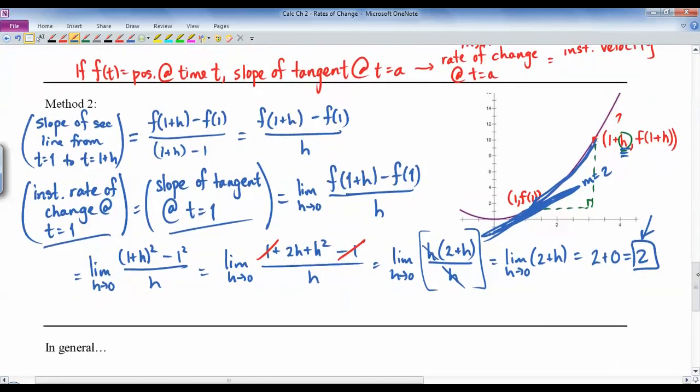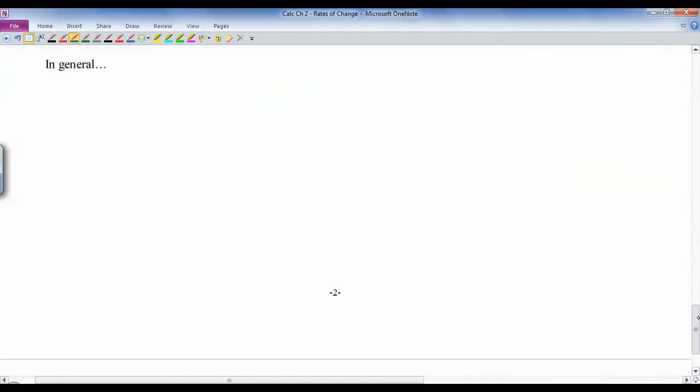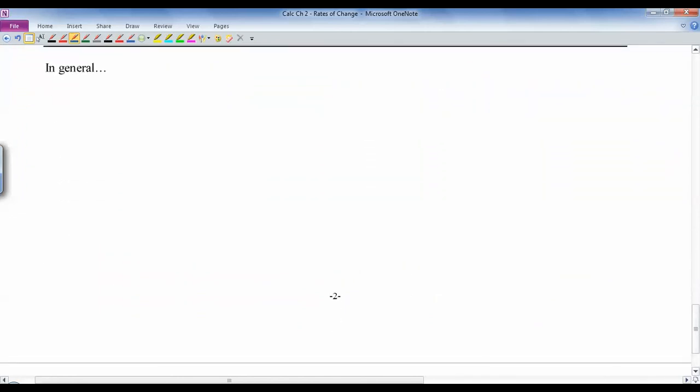So in general, let's talk about what this means. If I've got some function here, and I want the instantaneous rate of change right here at a, f of a, this is what I want, right?